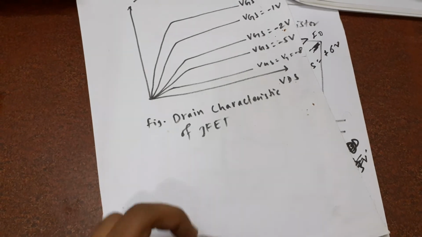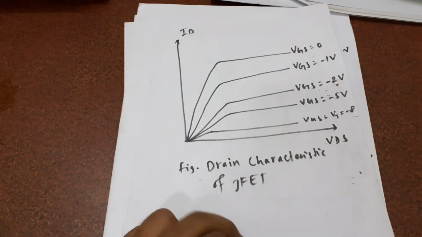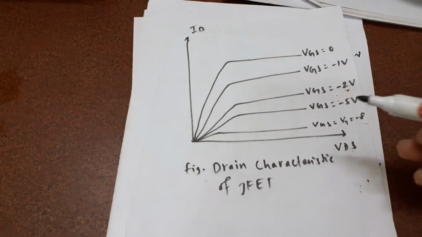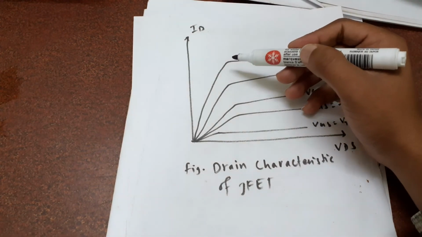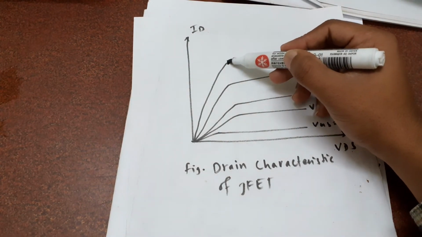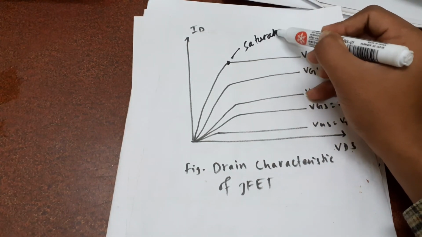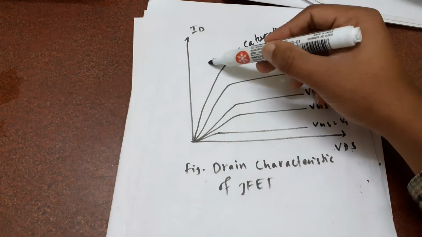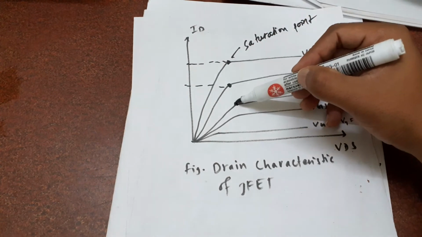Okay, this is the graph. As we can see here, I was talking about the saturation current, and that point is this region. We can call it the saturation point. So the corresponding value we can plot here.